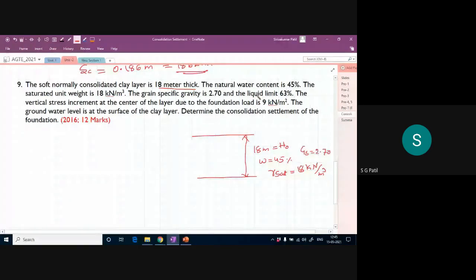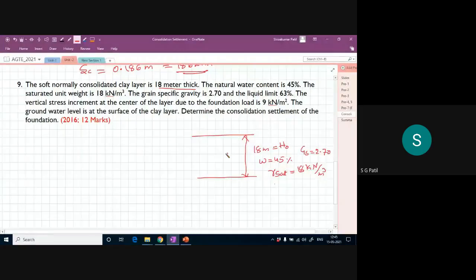The specific gravity is 2.70. And the liquid limit is how much? Right here, the liquid limit is 63%.